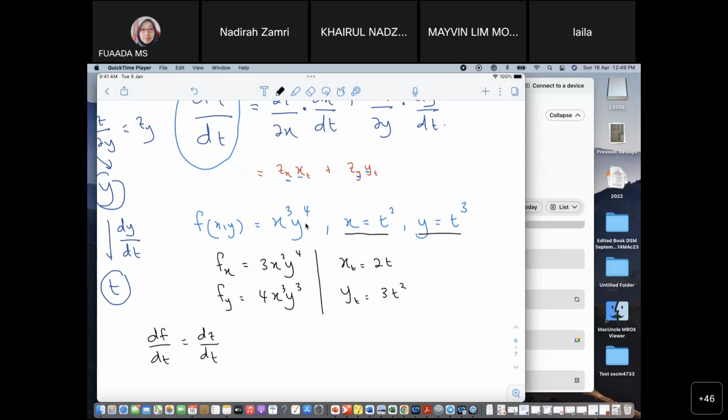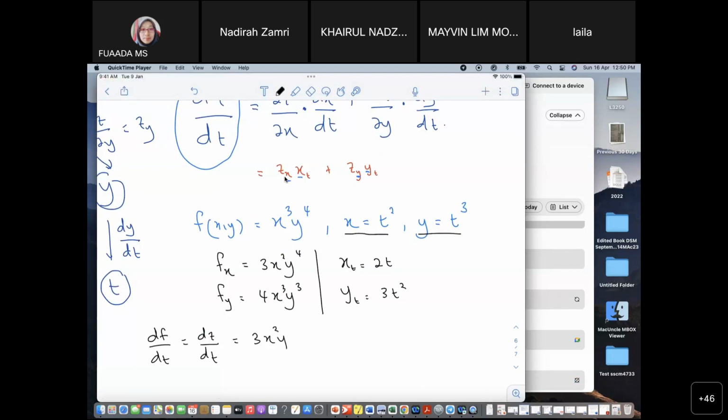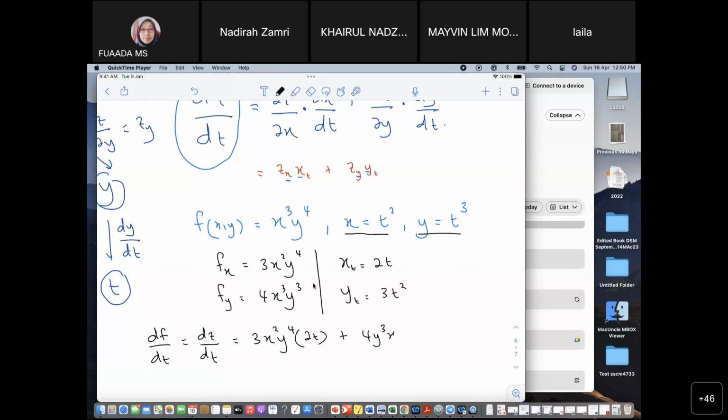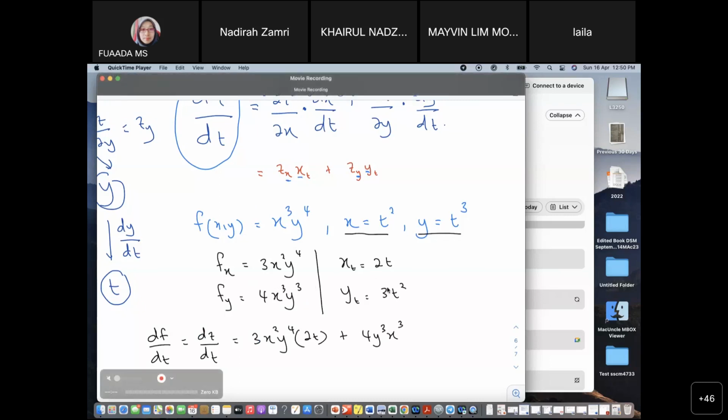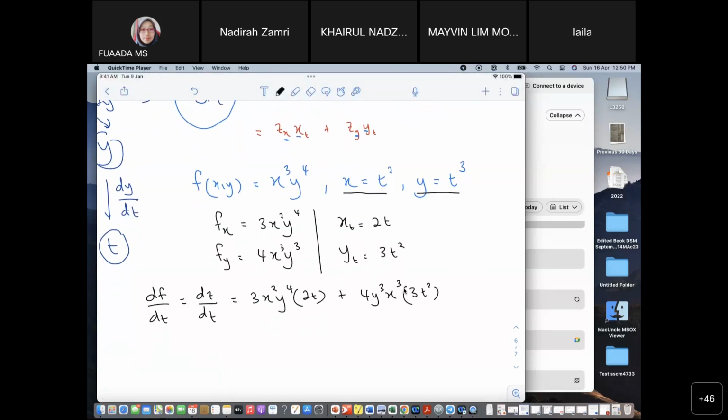You substitute z_x, or f_x, the same: 3x squared y to the power 4 times x_t, so times 2t, plus, going to the second term, z_y, so find your f_y here: 4y cubed x cubed times y_t, so y_t is 3t squared. So that is your result.